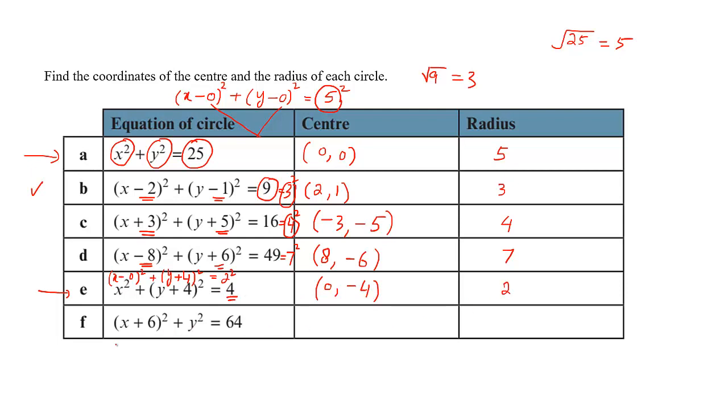And here just change it like this: x plus 6 whole square, and write y minus 0 whole square, and this 64 is the square of 8. Therefore the center is, just change the sign, minus 6 comma 0, and the radius is 8.